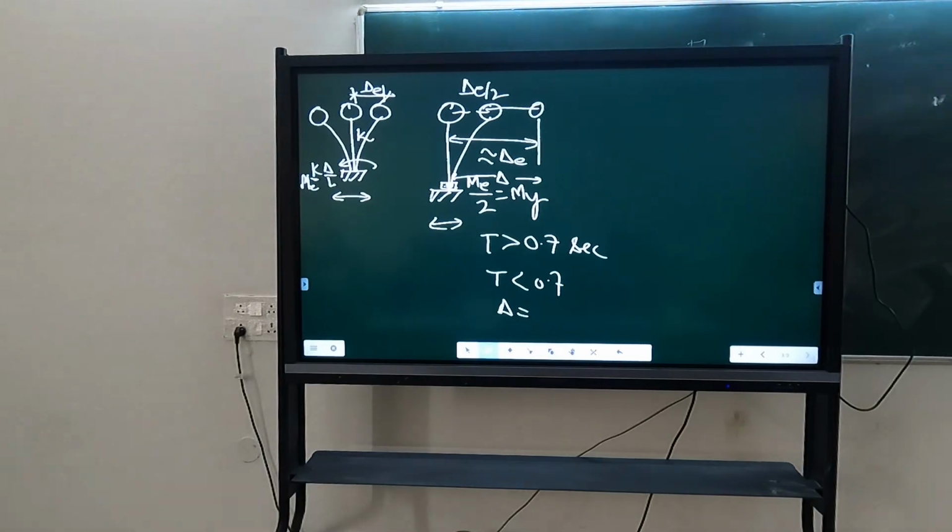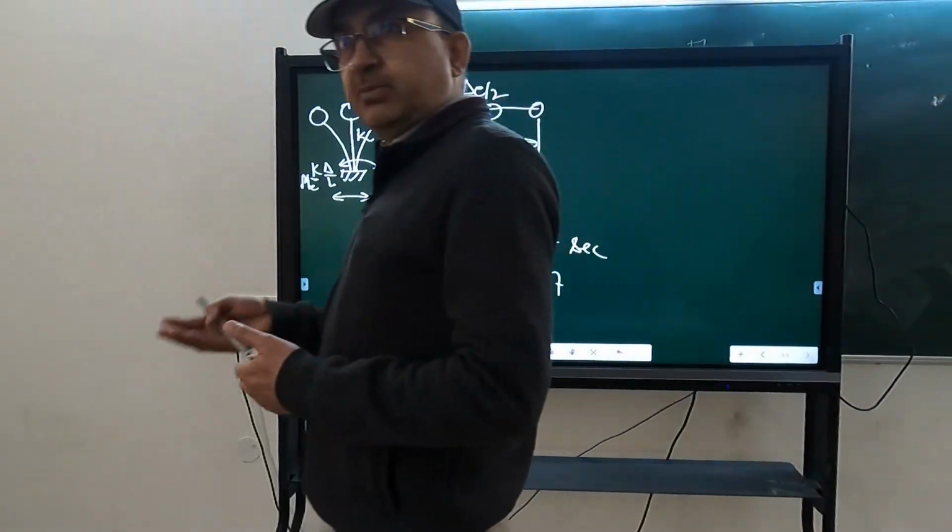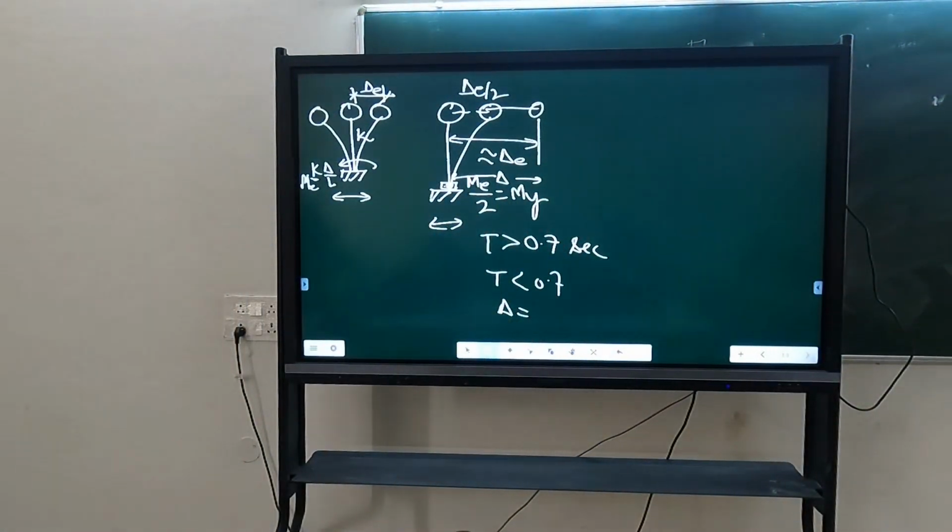And for long period structures, equal displacement principle, and the displacement of inelastic structure is same or close. May not be exactly same, it's close. On an average, you can take it equal. That's what equal displacement principle is. So it will come out to be the same.